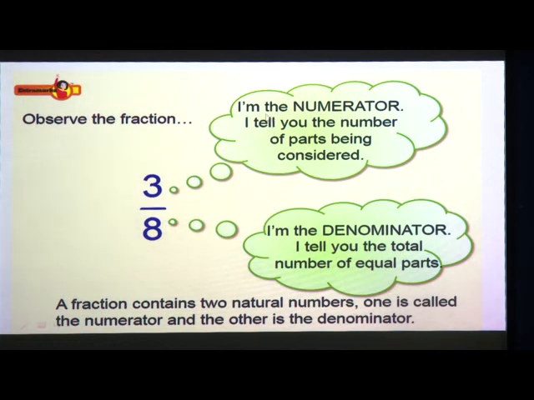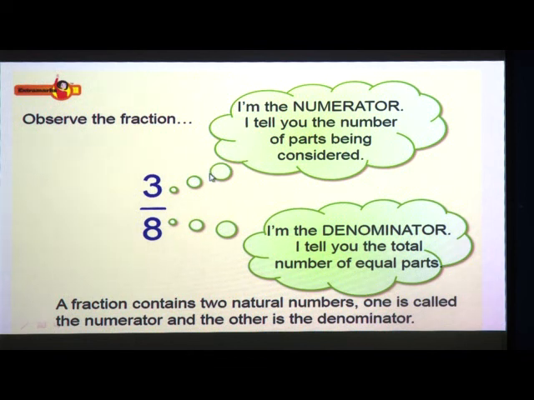It means, for example, we have 8 apples and out of that 3 we have eaten. So, how many apples were eaten? To denote this in a fraction, we use 3 by 8. Total number of apples are 8 and how many apples were eaten? 3. So, 3 is the numerator and this tells us the number of parts being considered.